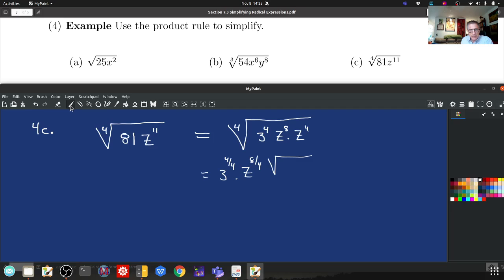That's not 11, that's 3. Sorry. I'm trying to figure out if we really and truly just did this one, and yes, we did. So that's 3z squared times the 4th root of z cubed.